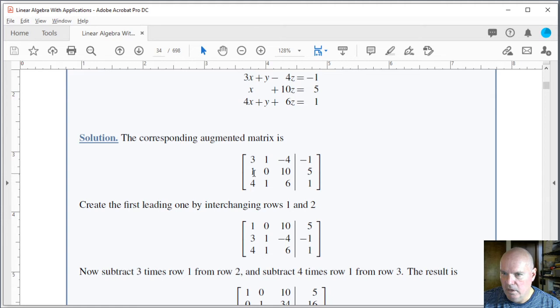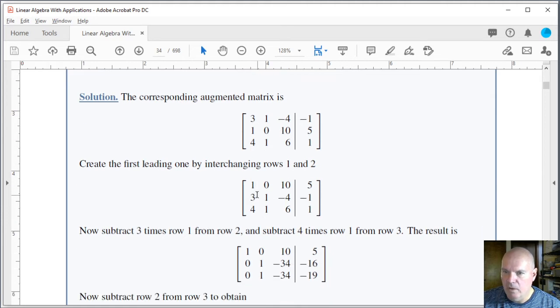And so an easy way to do that is just swap rows 1 and 2. And then now we can eliminate the 3 and 4 in rows 2 and 3, the elements below the 1, by subtracting from row 2 3 times row 1, and subtracting from row 3 4 times row 1.